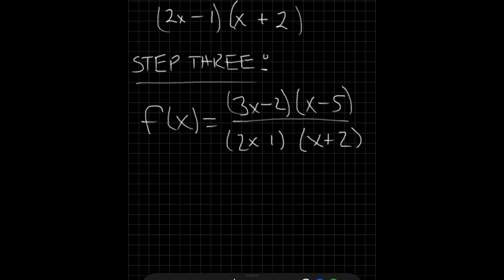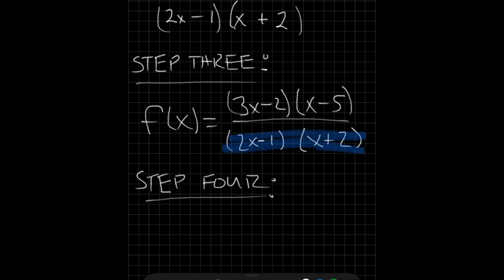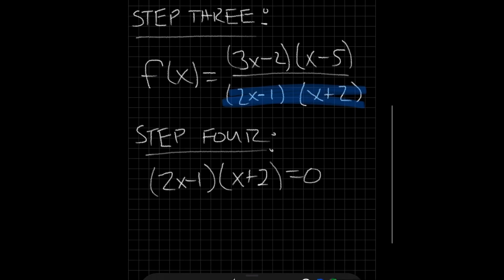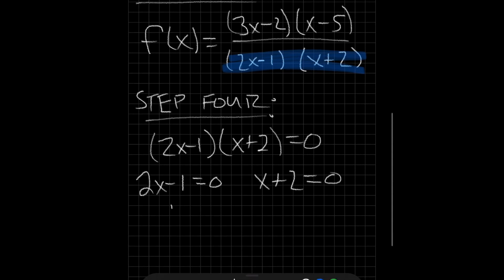Now I'm going to find the domain of my function. So step 4, I'm going to find my domain. To do that, I'm going to set my denominator equal to 0. So we have 2x minus 1 times x plus 2 is equal to 0. 2x minus 1 is 0, or x plus 2 is 0.